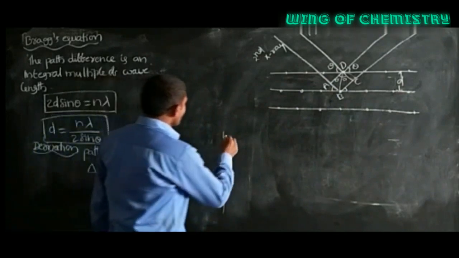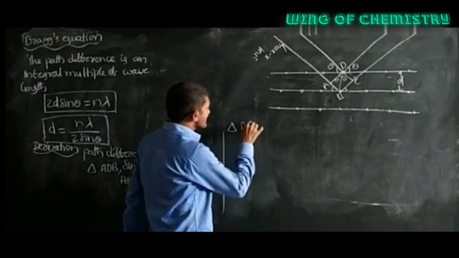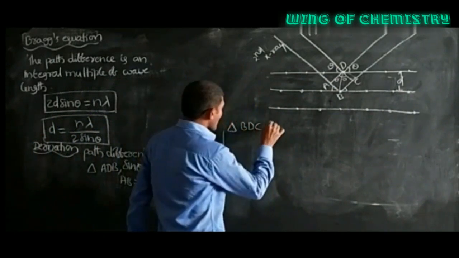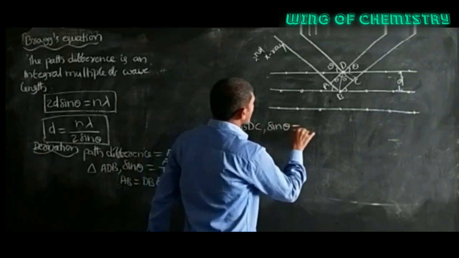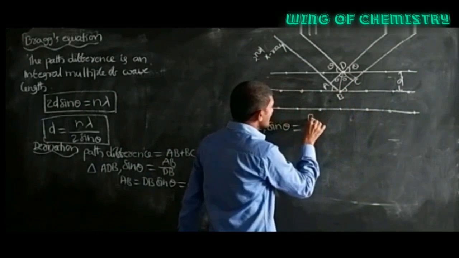In the same way, in triangle BDC, sin theta is equal to BC by DB.